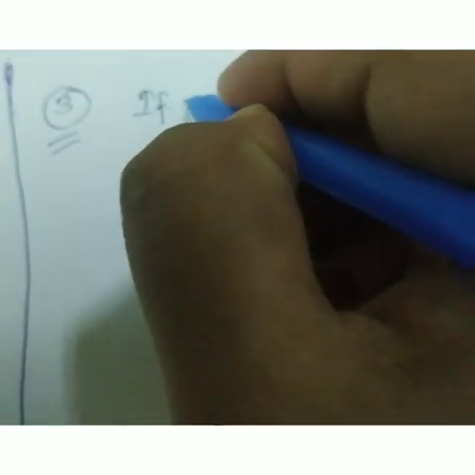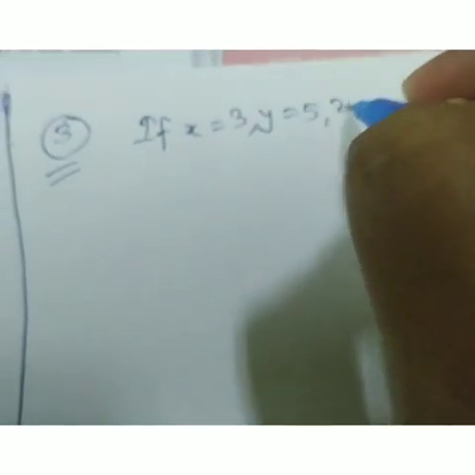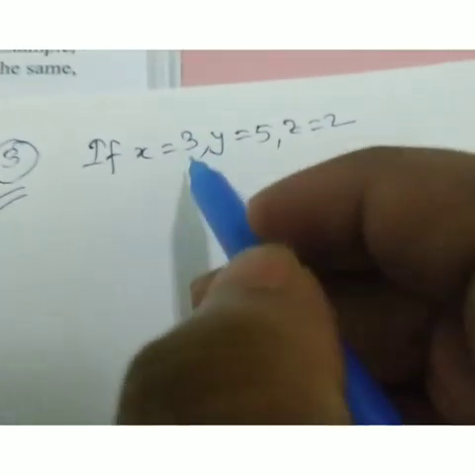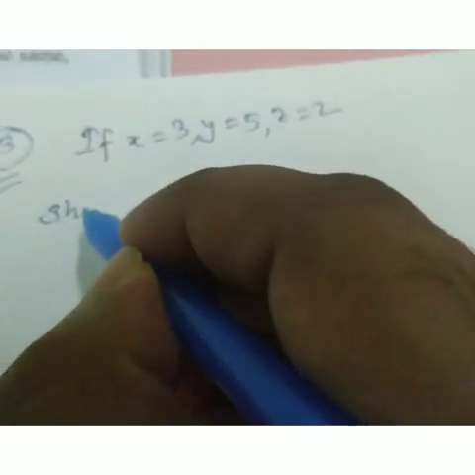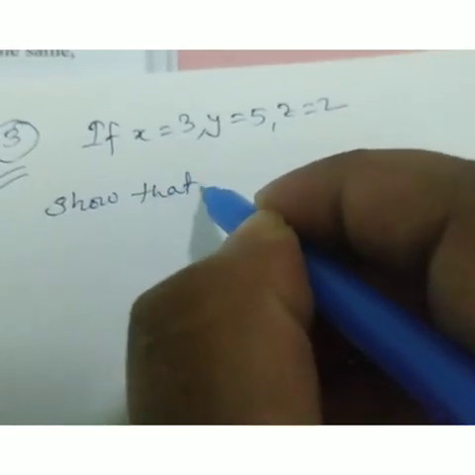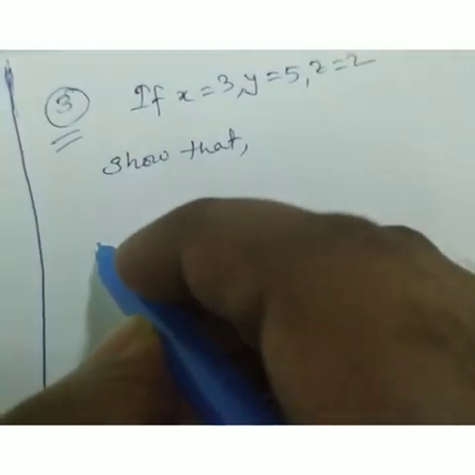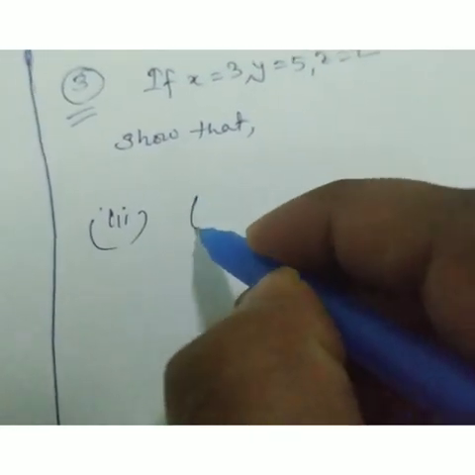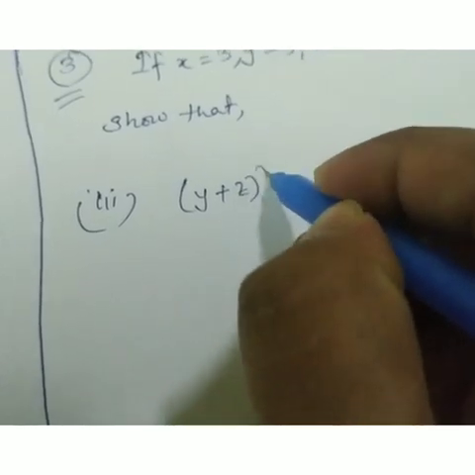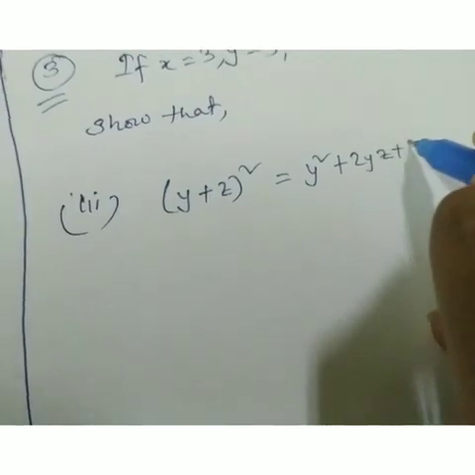If x equals 3, y equals 5, z equals 2, show that y plus z whole square equals y square plus 2yz plus z square.